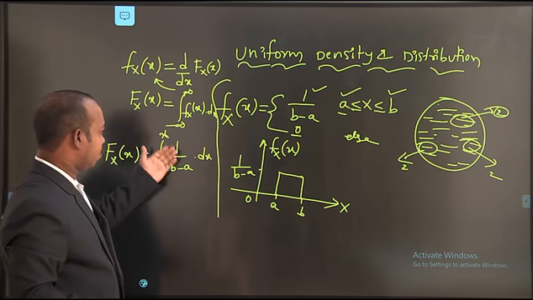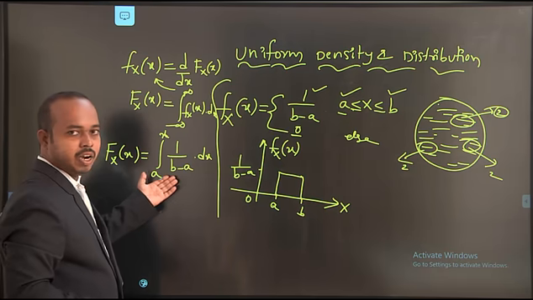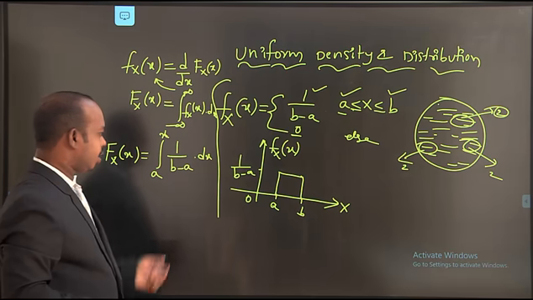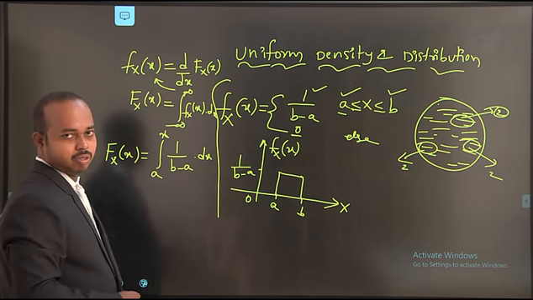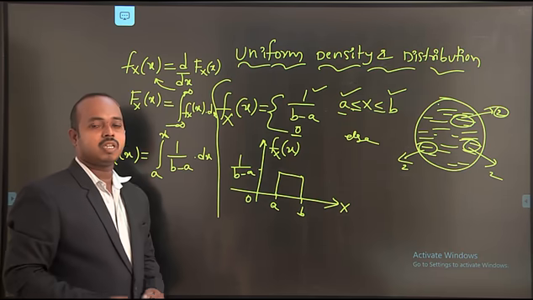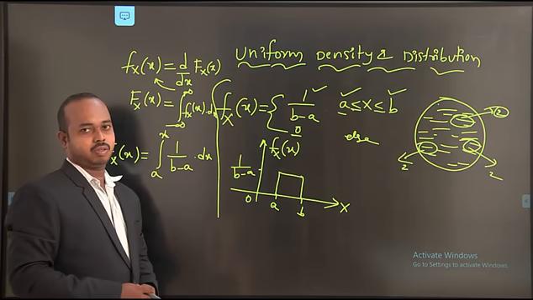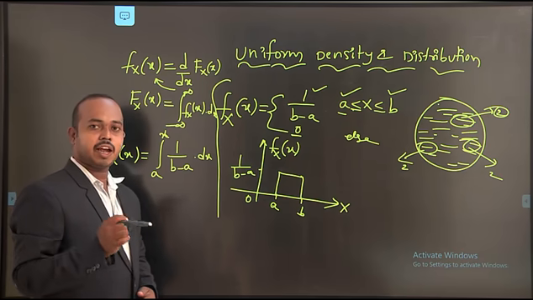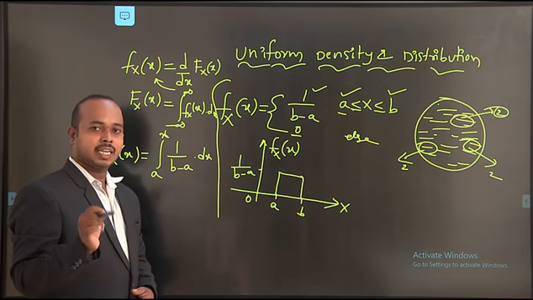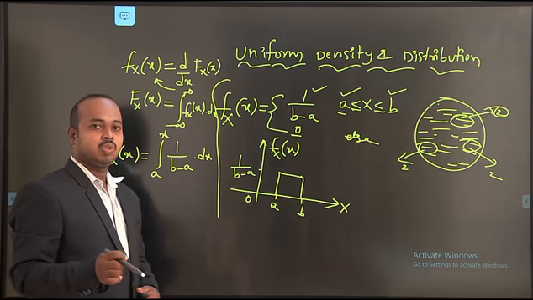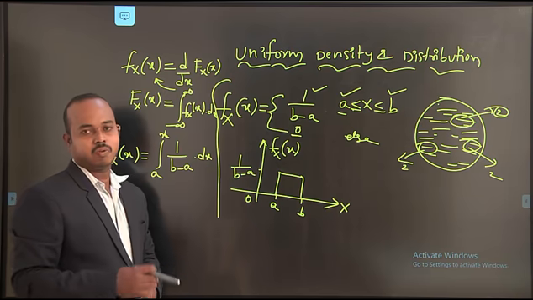Within these limits, the magnitude is 1 divided by b minus a. Here a and b are both real numbers, that's why they are constant values.